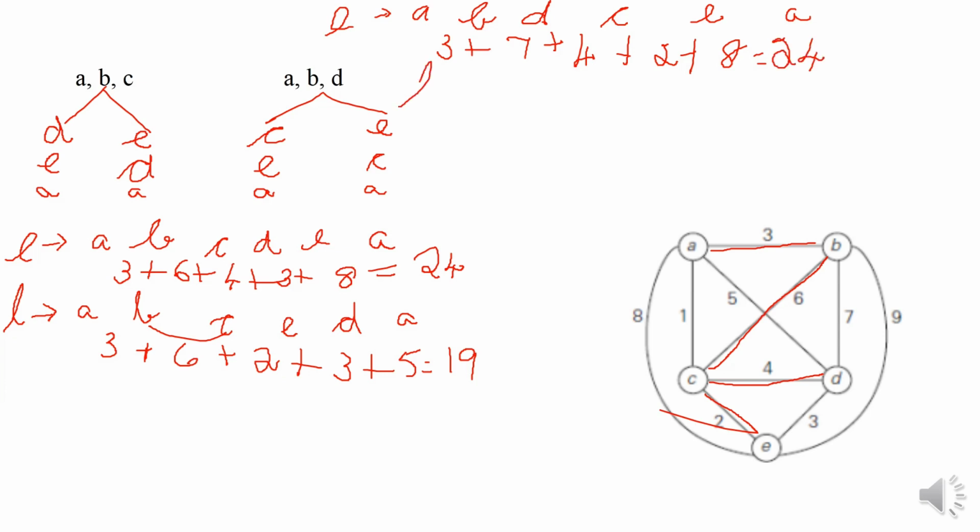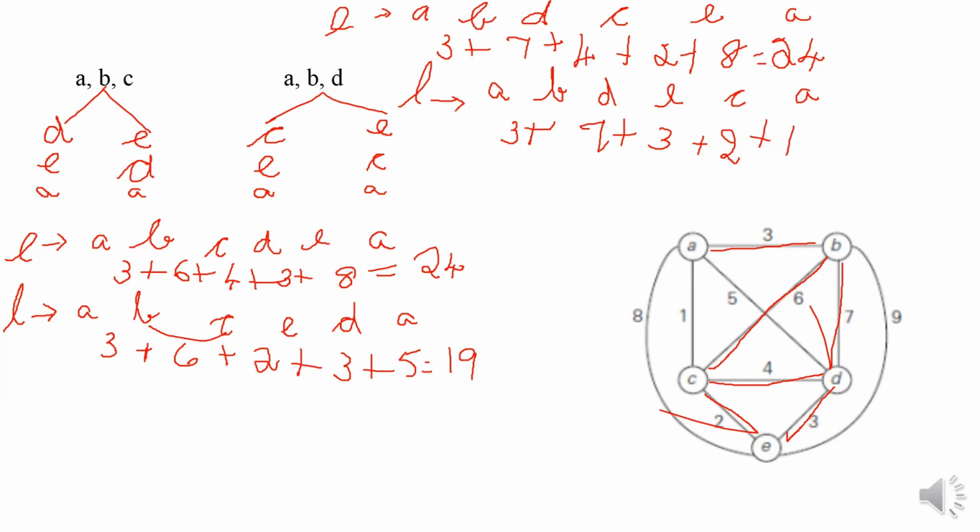And in the last case, if we go from city A to B, then to D, followed by E, then C and A, then in this case, edge cost AB is 3, plus edge cost BD is 7, plus edge cost DE is 3, plus edge cost EC is 2, plus the edge cost C to A, that is 1.